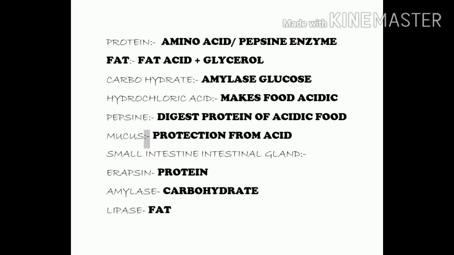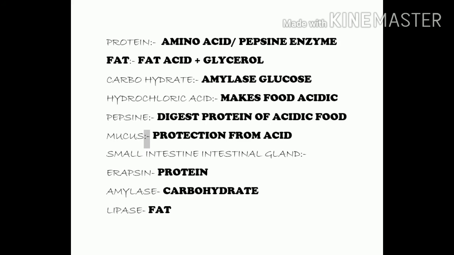Here, food is mixed with three digestive juices: bile juice of the liver, pancreatic juice of the pancreas, and intestinal juice of the intestinal glands. Bile juice neutralizes the acidity of food coming from the stomach and provides an alkaline medium, and it emulsifies.